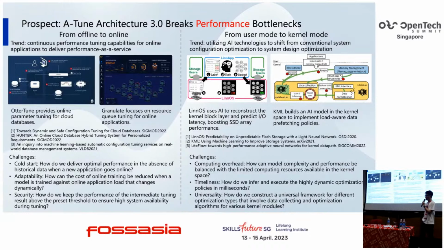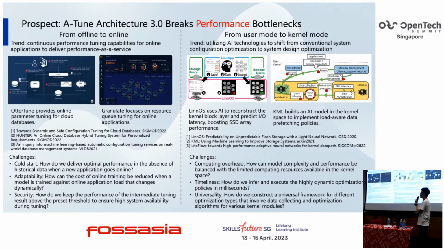In the future, A-tune will break performance bottlenecks. There are 2 kinds of improvement. For example, we want to go from offline to online. There are several trends. For example, continuous performance tuning capabilities for online applications to deliver performance as a service.